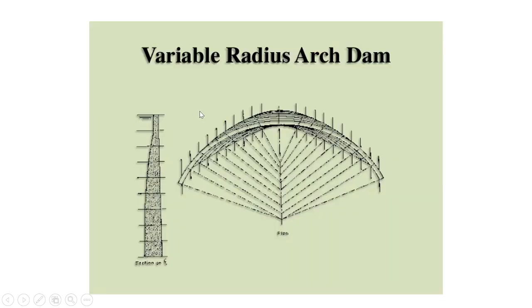Extrados means simply the upstream face, and intrados means the downstream face. So the outer side is called extrados and the inner side of an arch dam is called intrados.